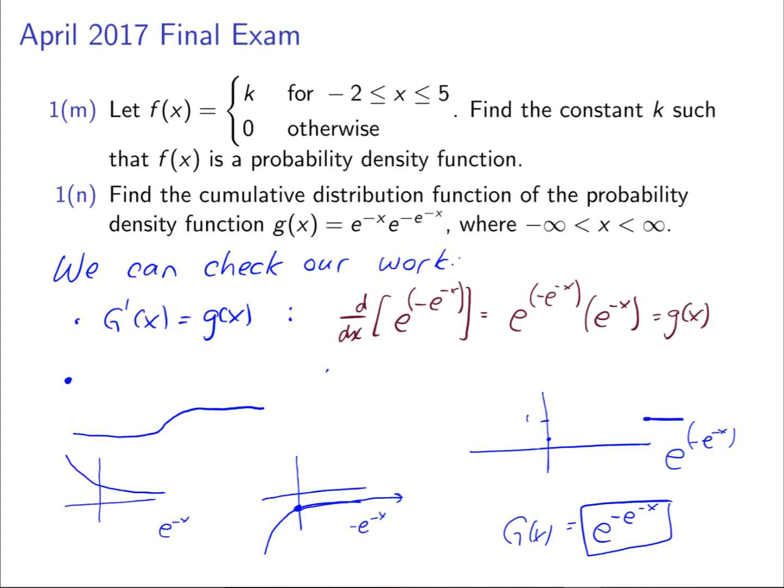So I do have this limit off to the right going to 1. If I take the limit as x goes to negative infinity, my exponent goes to negative infinity, e to the negative infinity goes to 0. So I have the correct behavior on the left as well. So all of my behavior pretty well adds up.